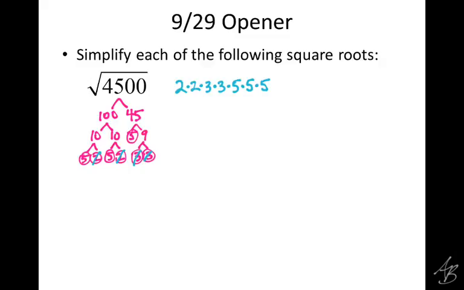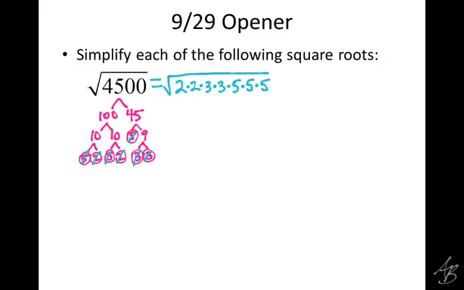Did I get everything? I think I did. Okay, so I'm not done with this step though. I rewrote the 4,500 using the prime factorization, but what do I need still? I need the square root, and what should I put between these two steps? Yeah, put an equal sign between the steps to show that they're equal to each other.